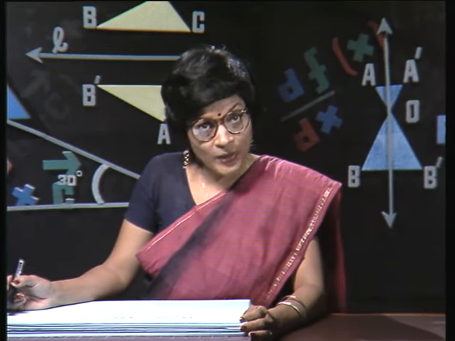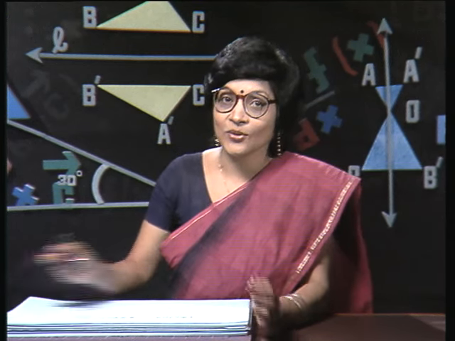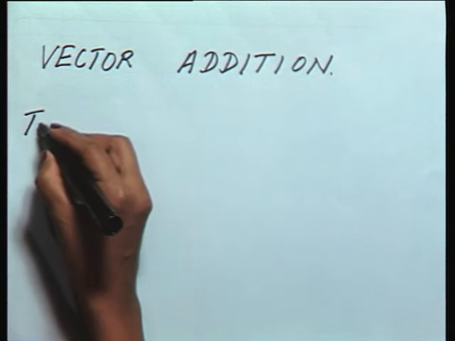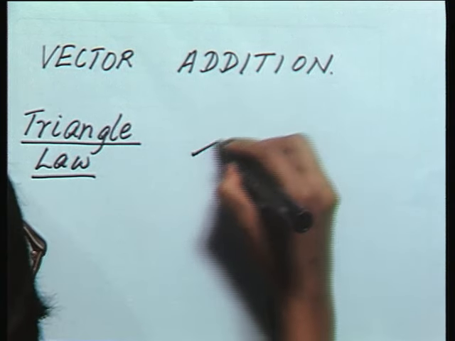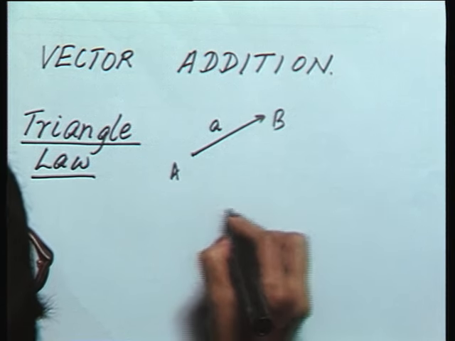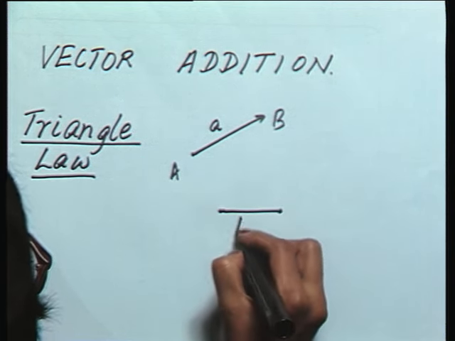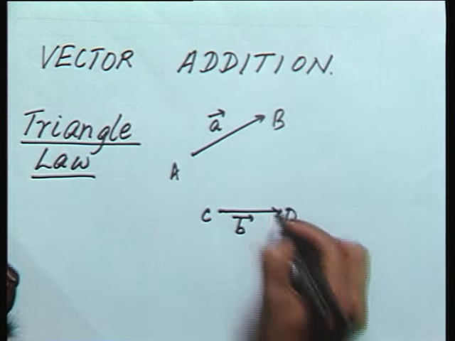There are two ways of defining vector addition. One is called the triangle law of addition, and the second the parallelogram law of addition. Let us first look at the triangle law of addition. Suppose we have two vectors, A equal to AB and B equal to CD. How would we add these two vectors?